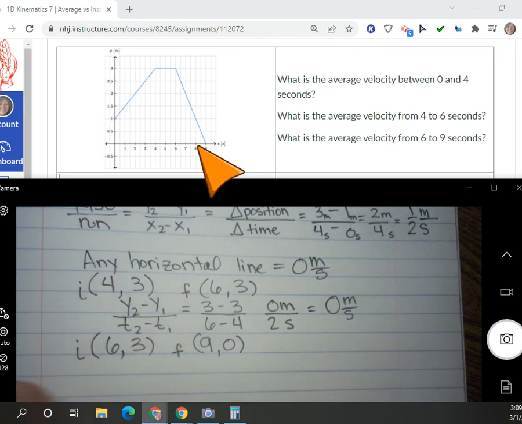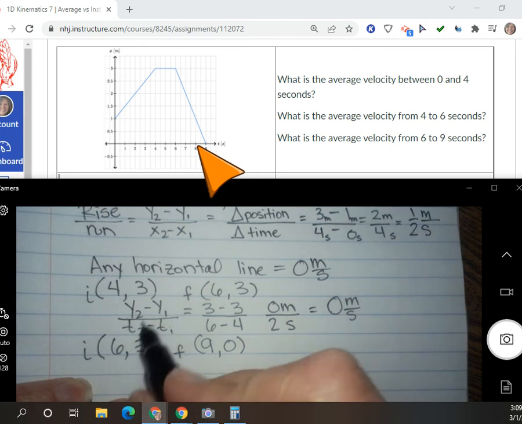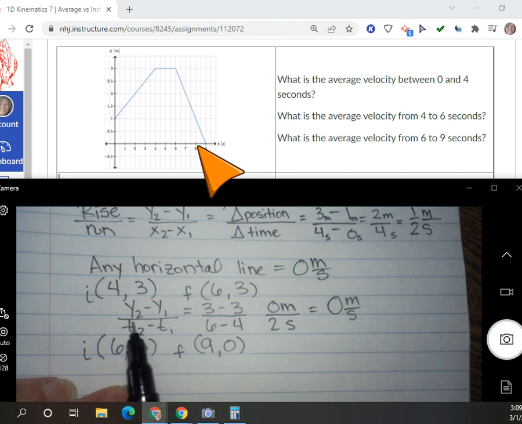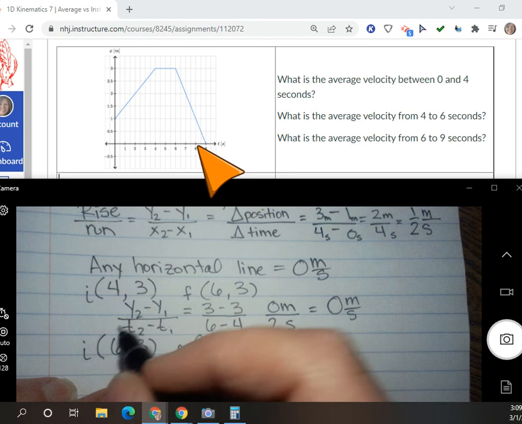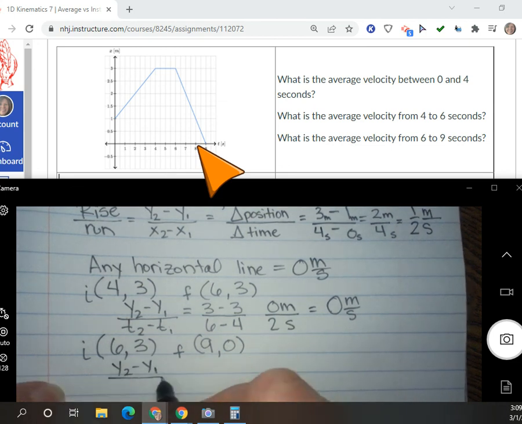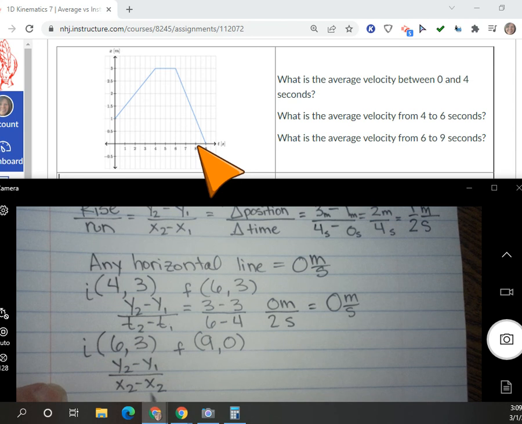So if we're going to go y2 minus y1, or position final minus position initial, I always write my formula because it just helps me keep my numbers a little better. So I know I'm starting with the final.